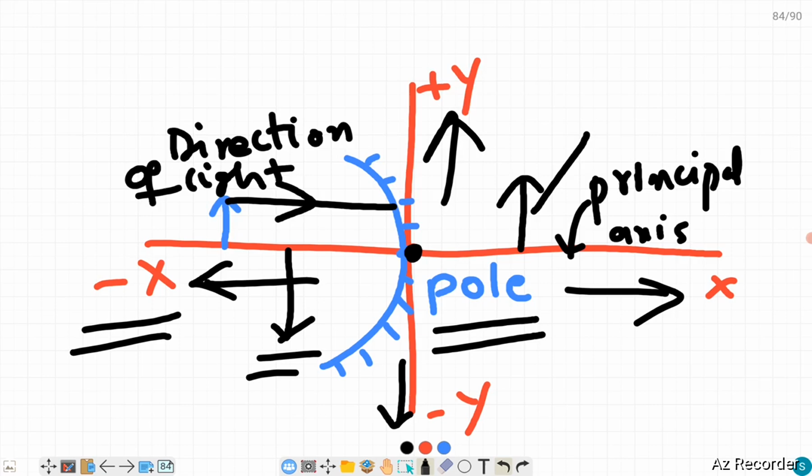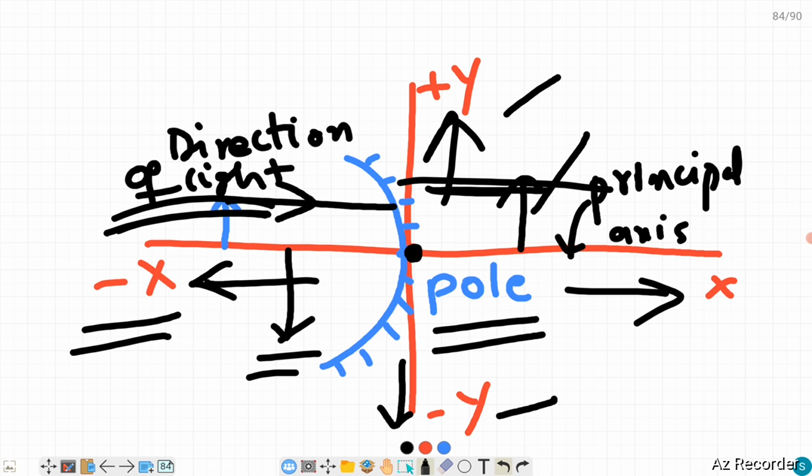Okay, now in your textbook it will be given as: the distances are measured from the pole, and the distances measured above the principal axis are positive, below the principal axis are negative, and the distances measured along the direction of light are positive. That means you don't need to take this here on the negative x-axis, because remember distance is measured from the pole, so along the direction means here you will get the positive x-axis.